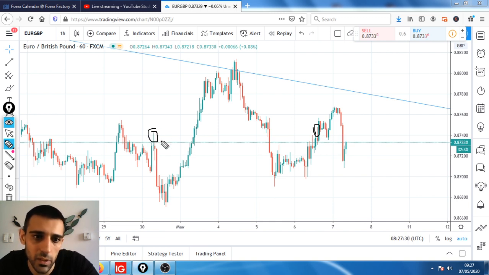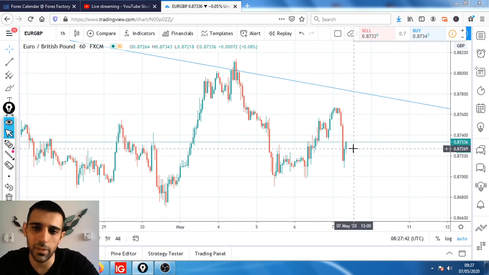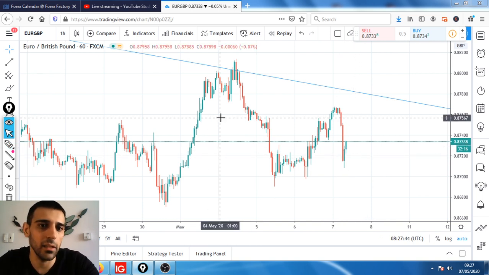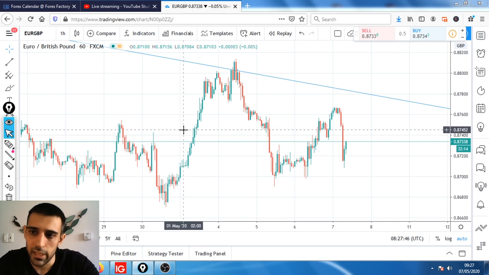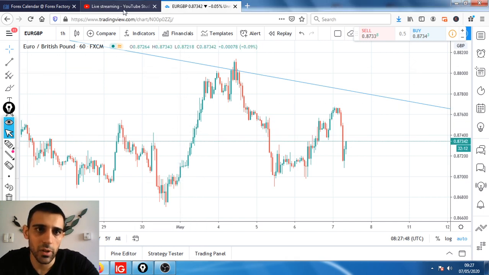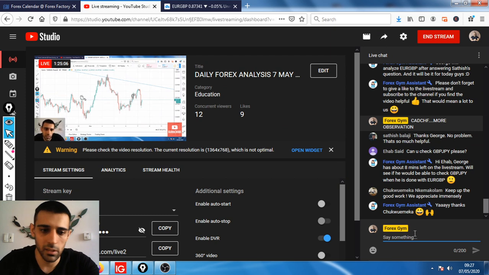It doesn't have to be that long, but I do want to see something similar to this tail, the one we already have on the low down here. I want to see around the same length as this tail in here. So 87.35 the entry, 20 or 25 pips stop loss, Euro GBP, and then I'm going to return to the questions.